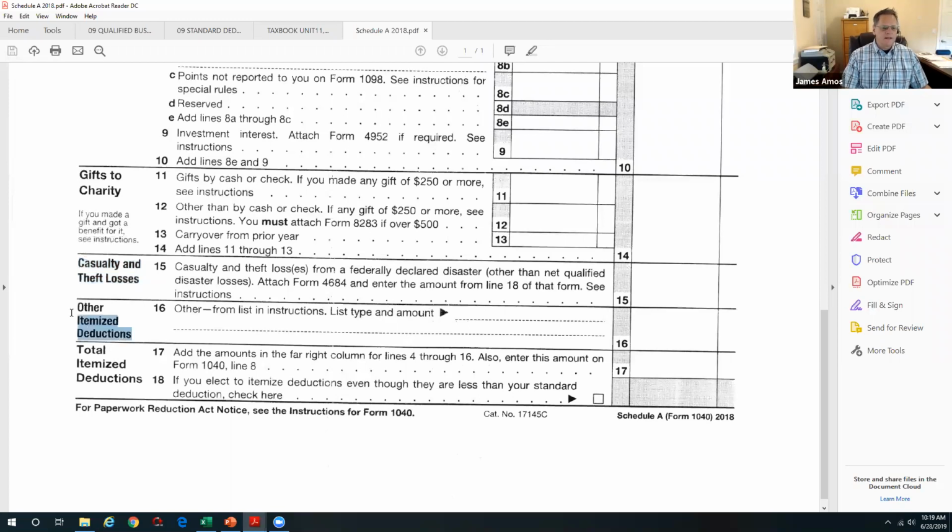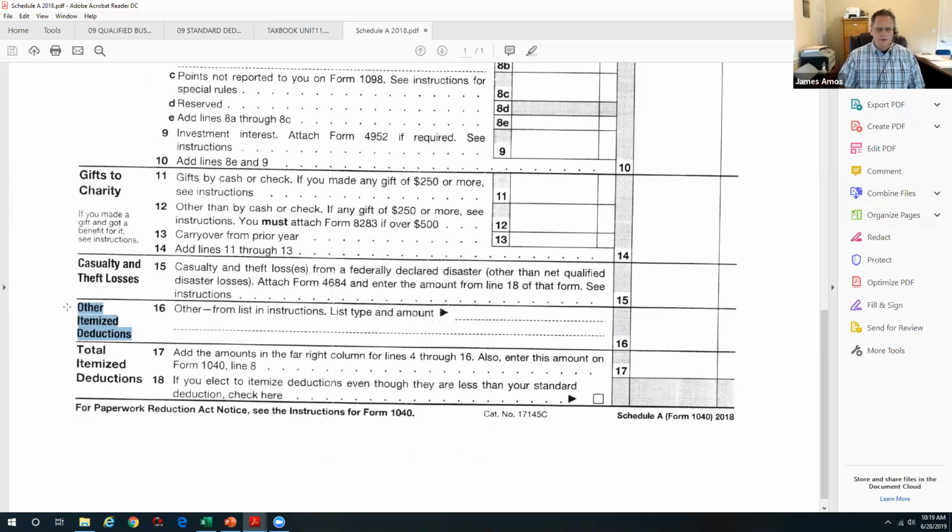Other itemized deductions included unreimbursed employee expenses. It also was called a Form 2106 expense because that was the form you used to have to report it on. It also included the amount you paid to have your tax return prepared last year. You used to be able to deduct that. You used to be able to deduct the amount that you paid to your investor if you had an investor.